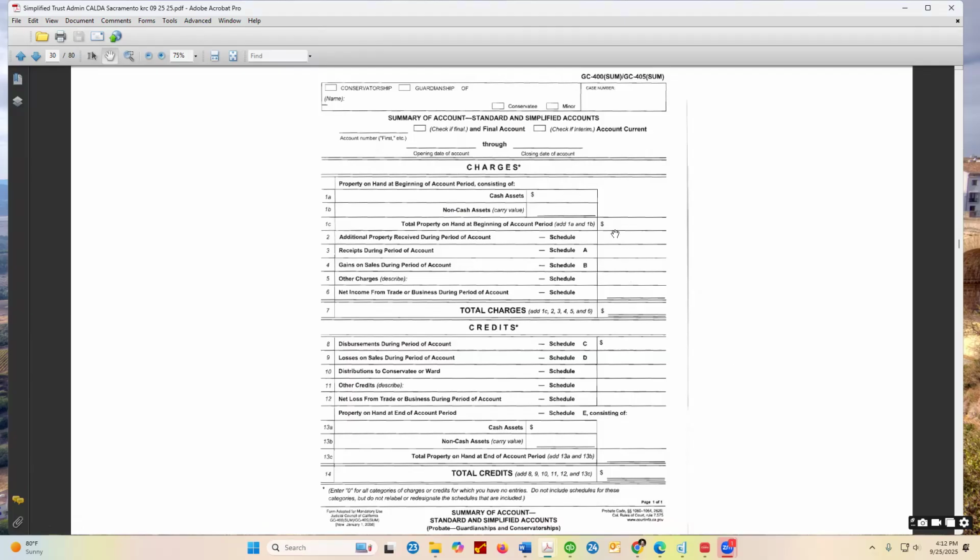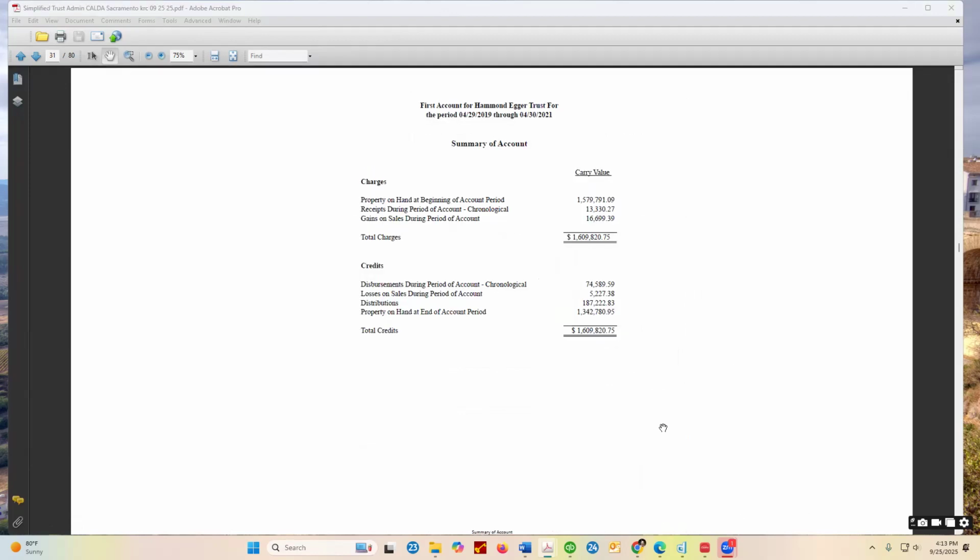Then during the accounting period, let's say for 1 year, all the income that came in, regular income, capital gains, gains on sale of property. And then you also have to show separately the disbursements for administrative expense, losses on capital transactions or loss or damage to assets in the trust. So this form is required for both trusts and probate estates.